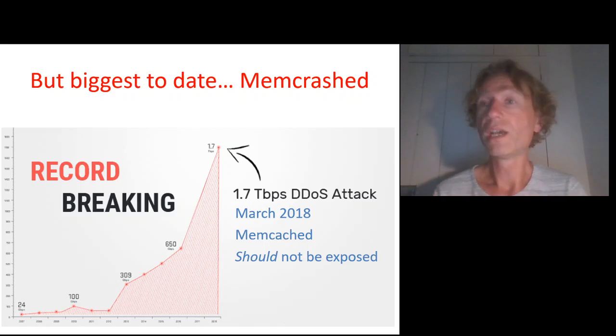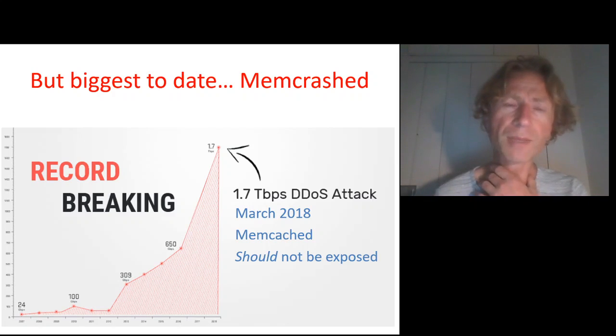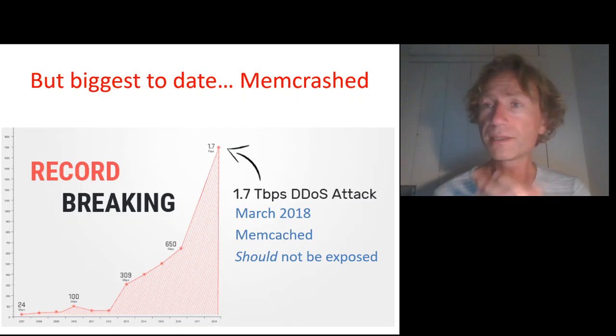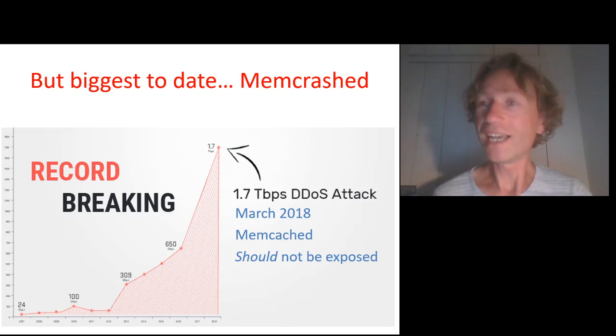So you can just ask with a small query and get a huge reply back. By doing that, the attackers were able to generate a record-breaking 1.7 terabits per second in a denial of service attack. I have no doubt that the record will be broken at some point, but these are fairly impressive attacks, so amplification does work.